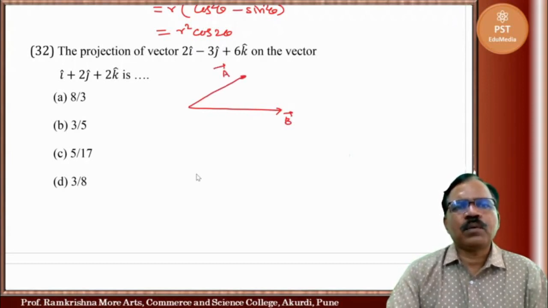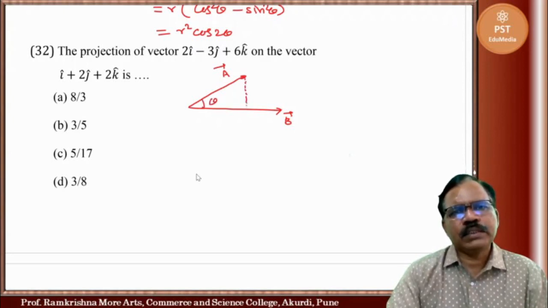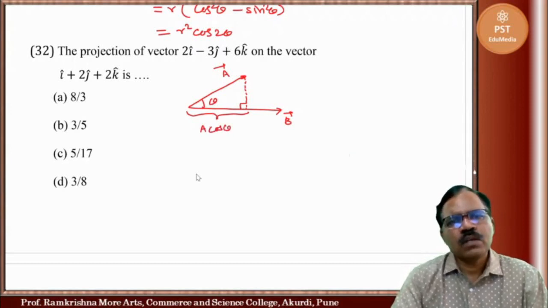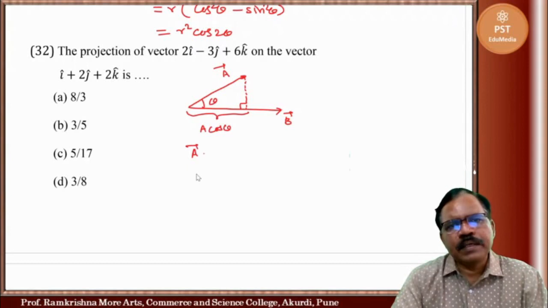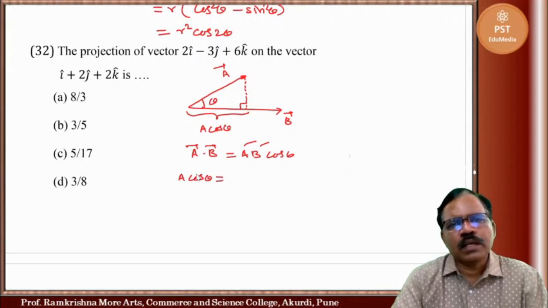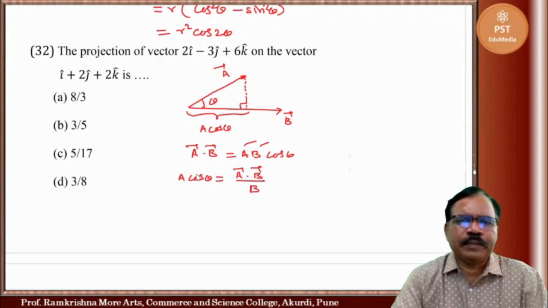Suppose θ is the angle between them, then we take projection like this, we make a perpendicular, and this part is the projection of vector a on b, that is a cos θ. So we know a dot b is equal to ab cos θ, where a and b are magnitudes. So we get here a cos θ is equal to a dot b upon magnitude b.